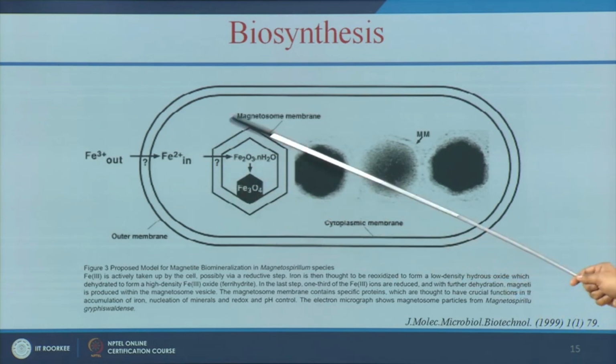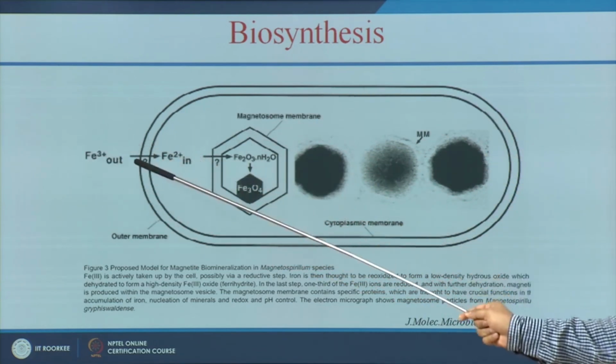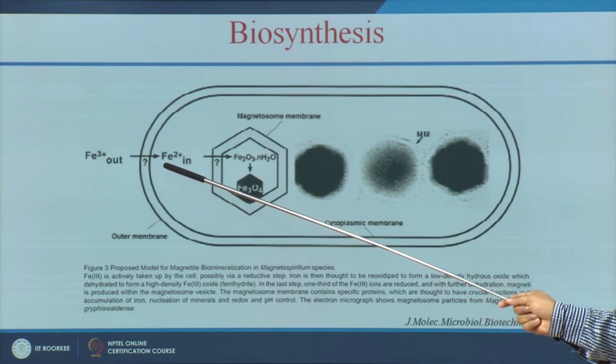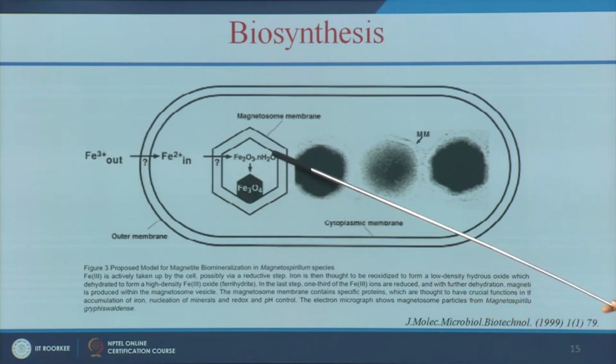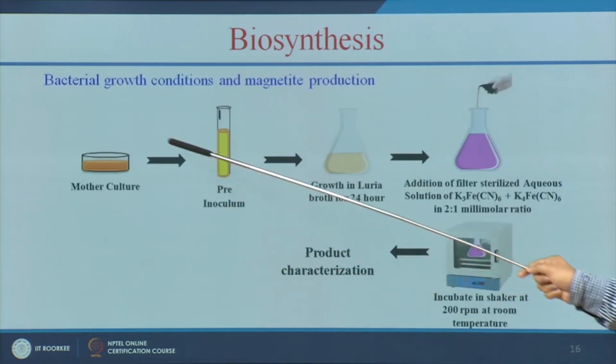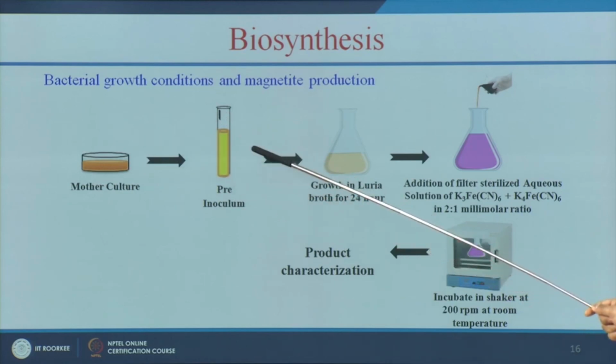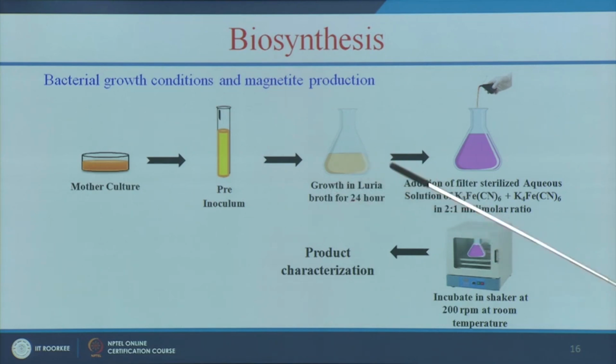So this is the structure of this bacteria, you can see here. Fe3+ we have to add to this bacteria, and this will convert into iron oxide nanoparticles. So how to grow this bacteria? We can grow this bacteria on an agar plate and transfer it to a test tube and grow it overnight, then you transfer to the broth, LB broth in a conical flask.